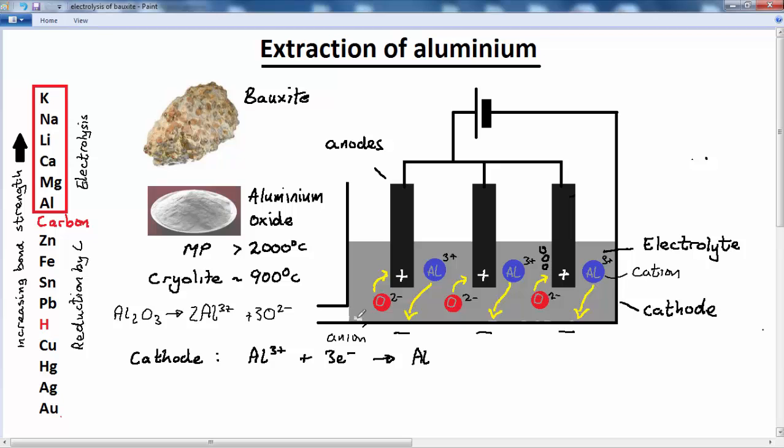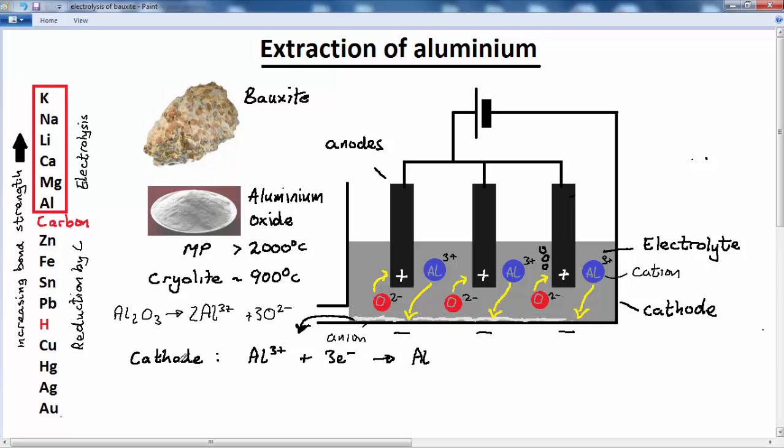What we get is a layer of molten aluminium being deposited on the cathode, as each aluminium ion picks up electrons from the cathode and forms elemental aluminium metal, which is in a molten state and will be extracted from the electrolysis cell. So our aluminium comes out here in a molten state.